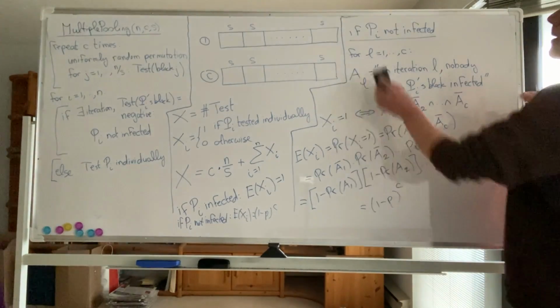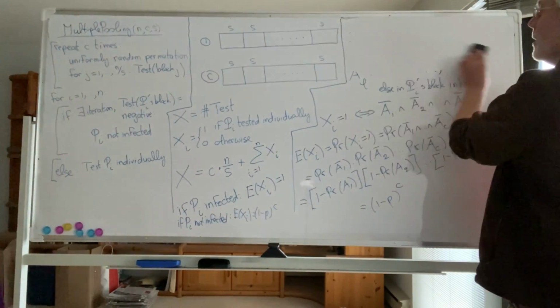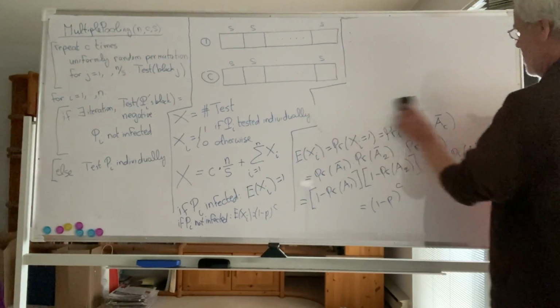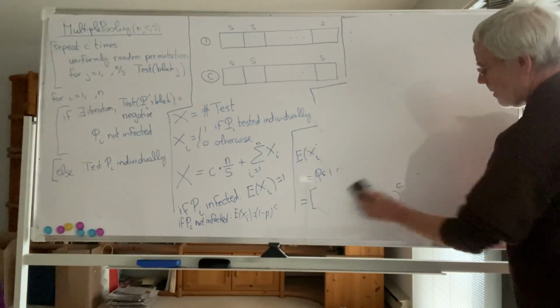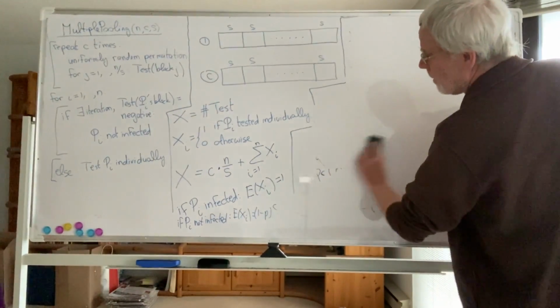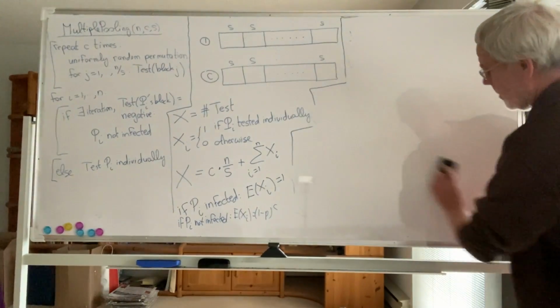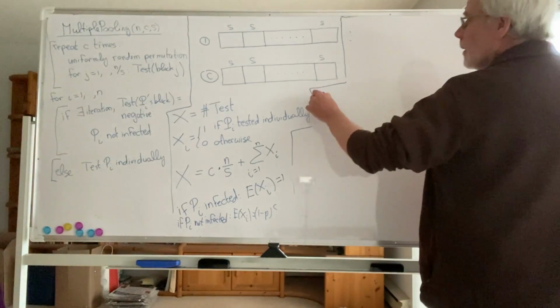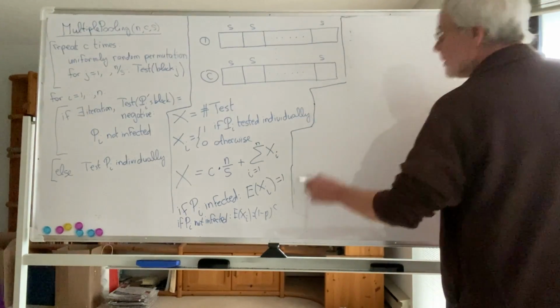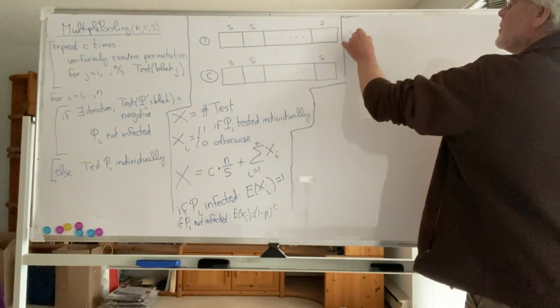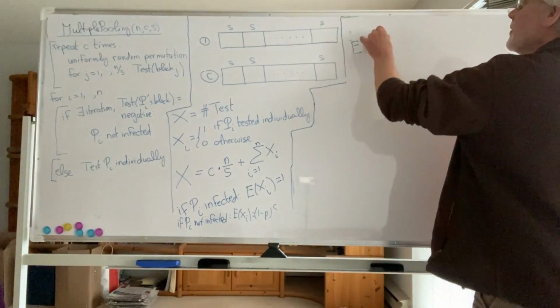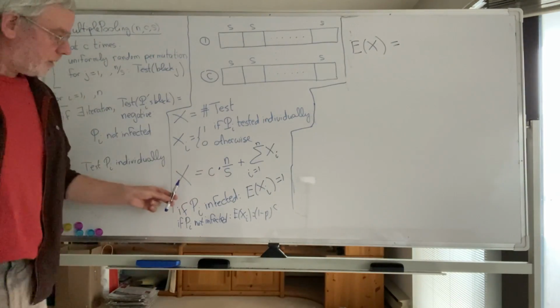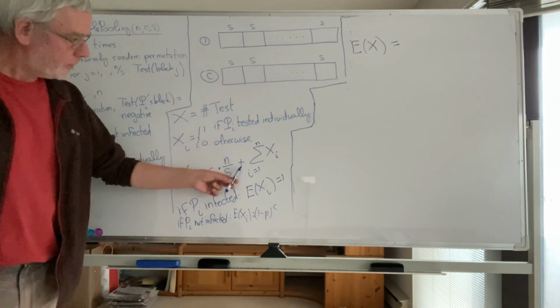Okay, so now we know this here. So that means now we can determine the expected value of x. This is what we wanted. X is equal to this term plus this sum.